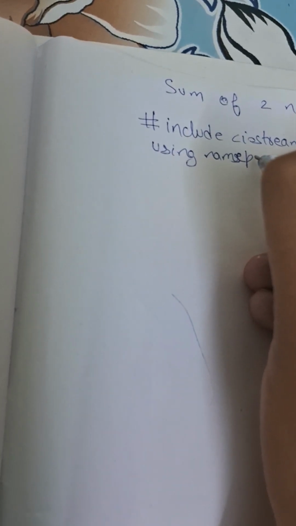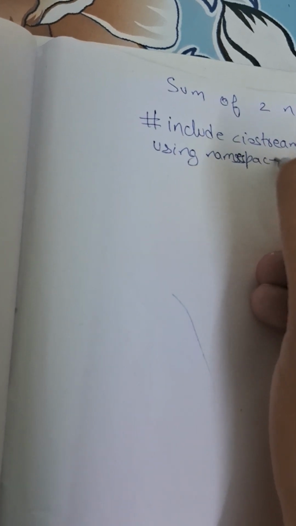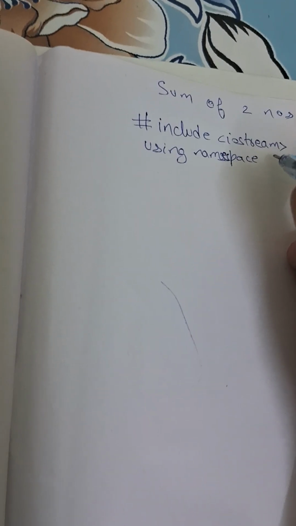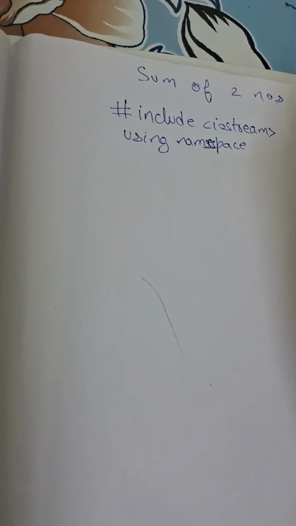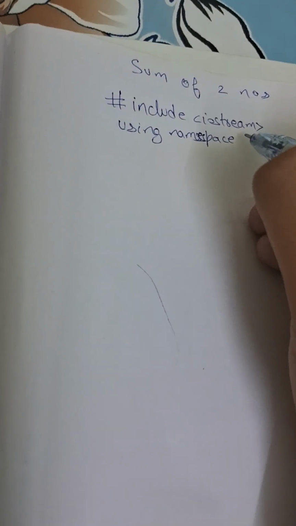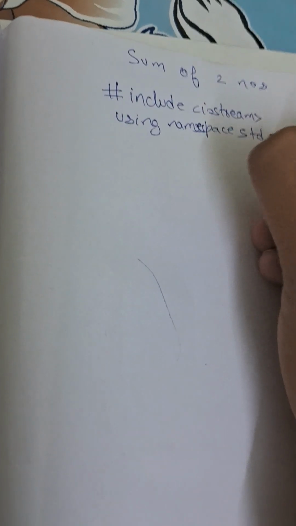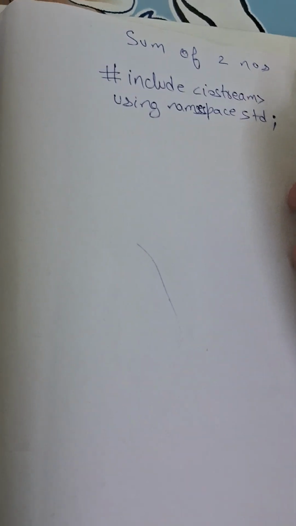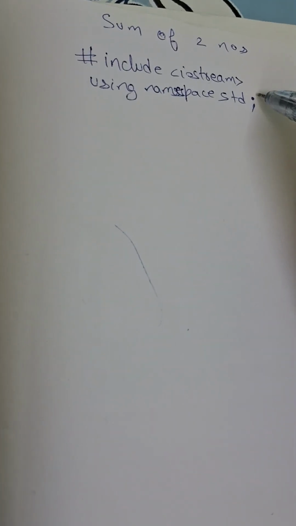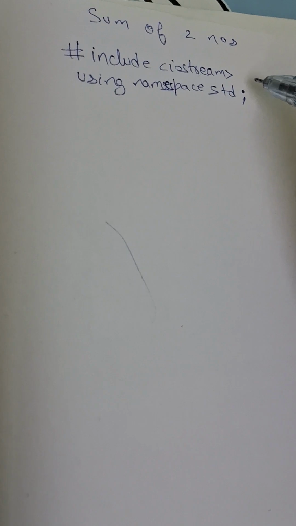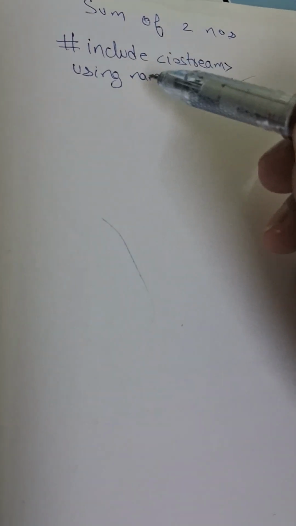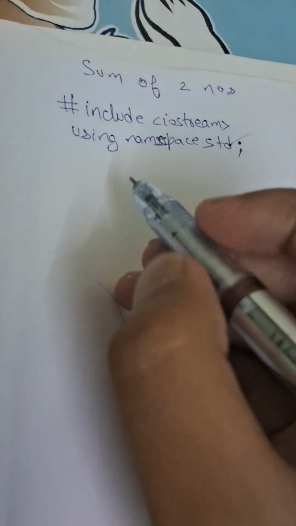To show the compiler that we print any std value, standard value, like cin, cout, all these things. You have to know that after using namespace std, we should put a semicolon.